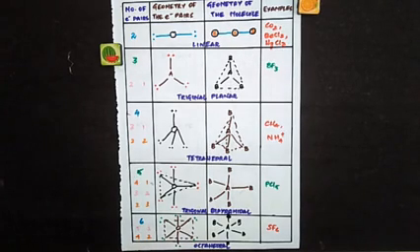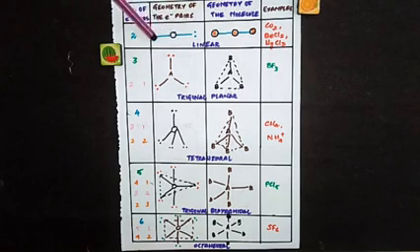Before going into this tabular column, recall that according to VSEPR theory, electron pairs will repel each other as much as possible, and that determines the shape of the molecule. In the first example, we take a molecule which has two electron pairs and both are bond pairs. Then what will be the shape of the molecule? It will be linear. See, this is the central atom.